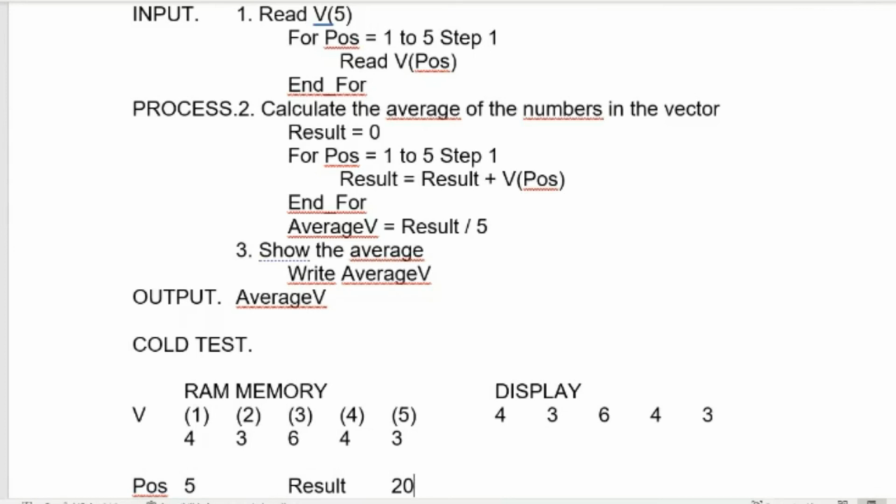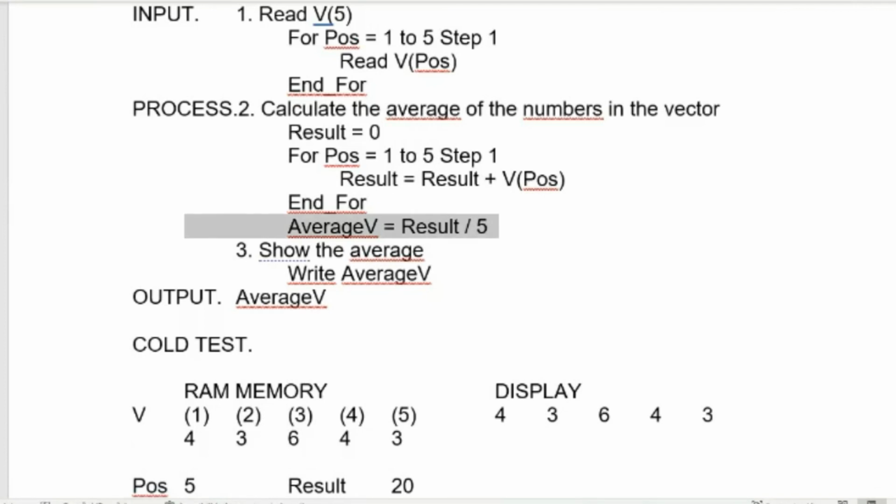And remember, this loop for says pos from 1 to 5. And pos is the value of 5. So that means this is the end of the loop for.